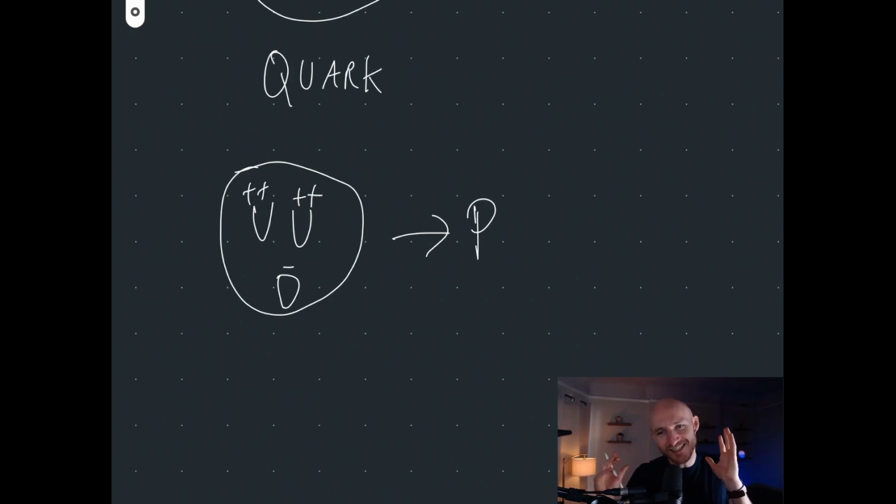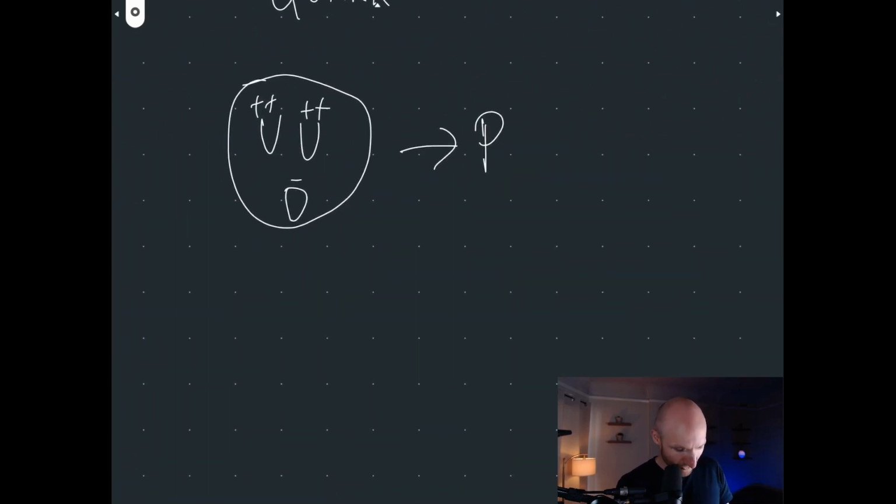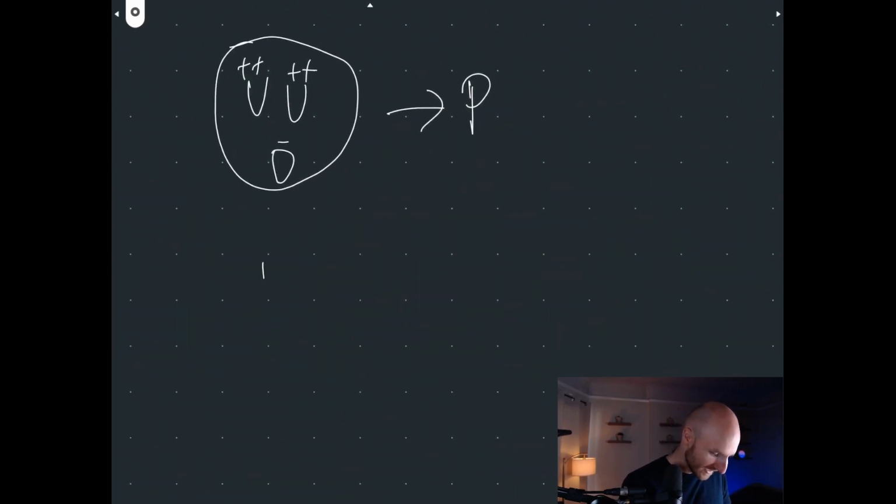And so this is just like anything else. When you double click on an atom, you say, what is the atom composed of? Oh, it's composed of protons, neutrons, and electrons. When you double click on a proton, aka when you shove it into a particle collider, what comes out are these up and down quarks. A proton has two up quarks and a down quark, while a neutron has one up quark and two down quarks.